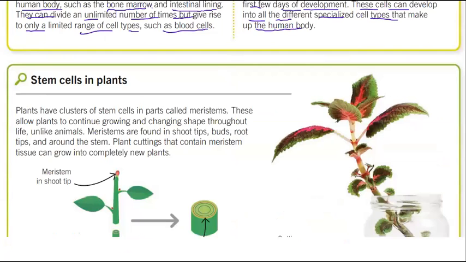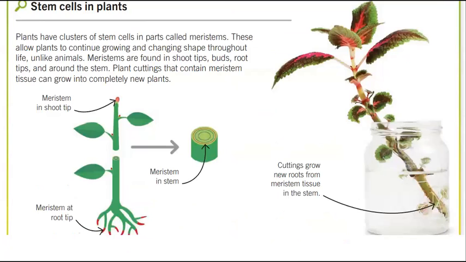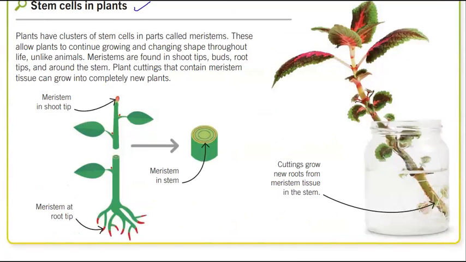Next, coming to stem cells in plants. Plants have clusters of stem cells in parts called meristems. Here is the meristem at the root tip, and the meristem in the shoot tip, this is the top level.